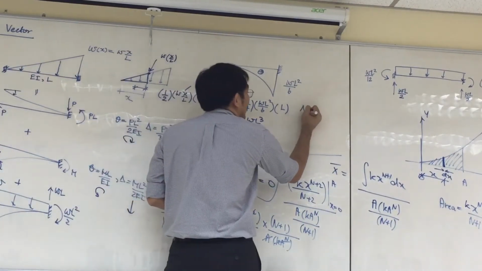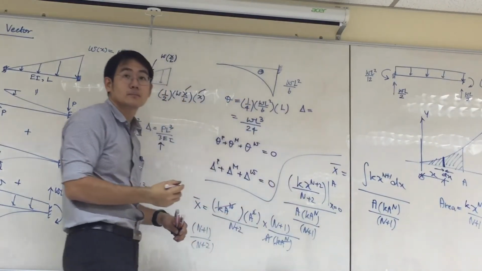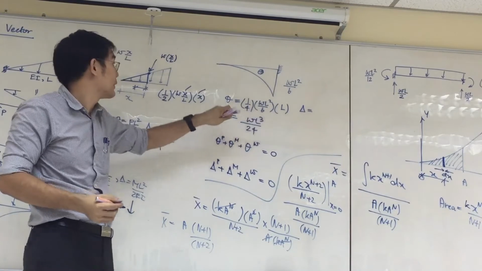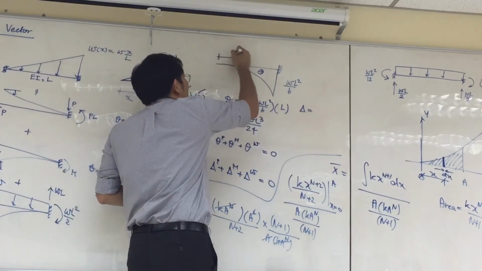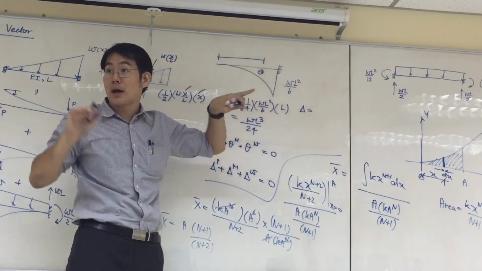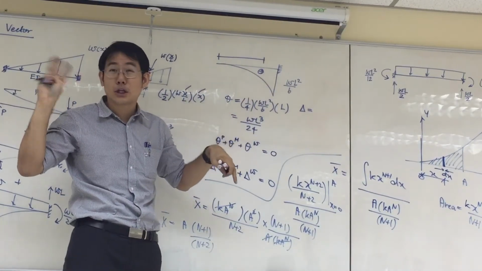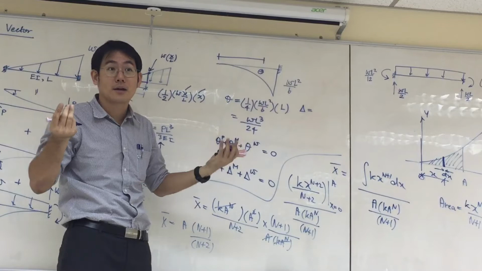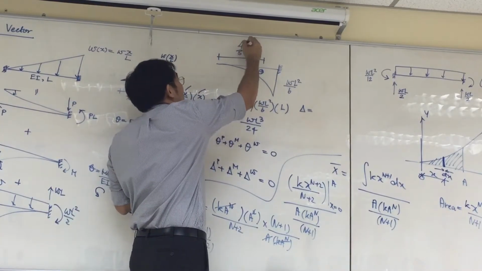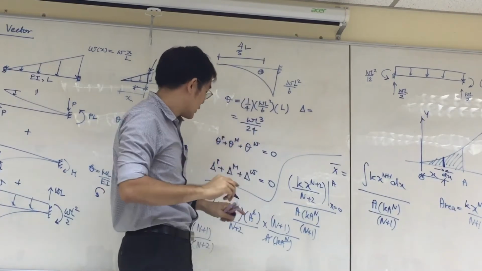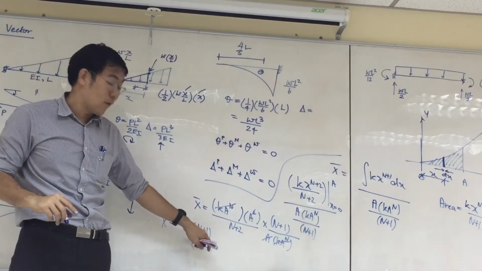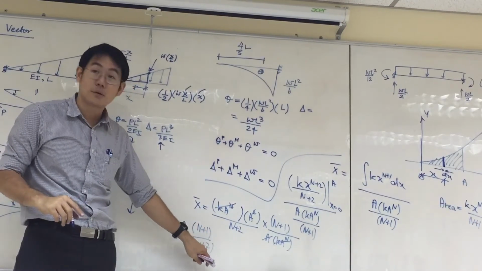And then when you want to get the delta, it is basically this area times the centroid from here to there, and as you have the cubic function, you're going to have 4 over 5 L over here. Cubic function, n equals 3, so 3 plus 2 is 5.